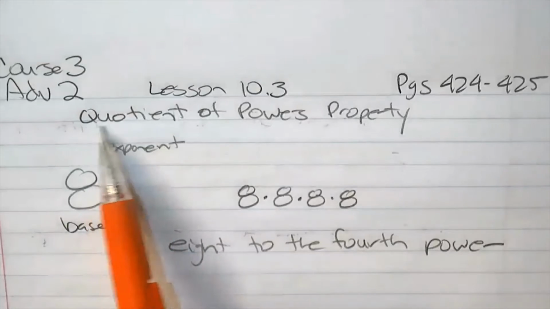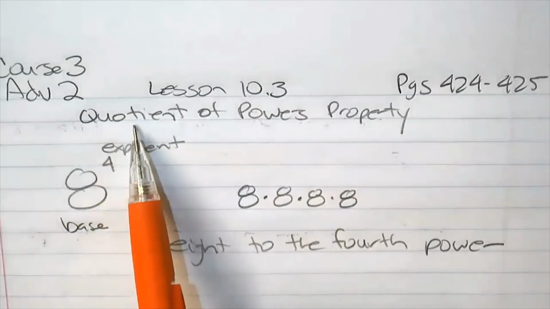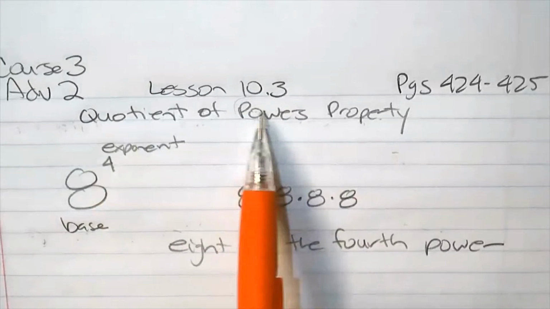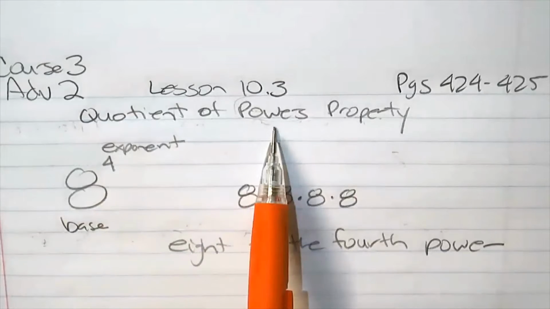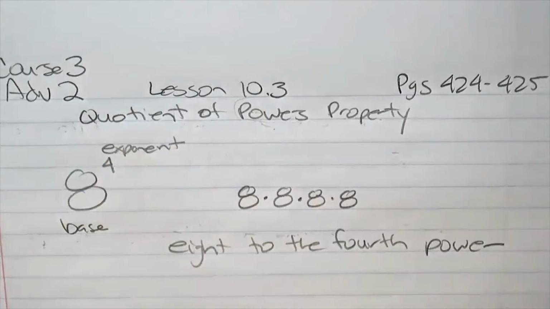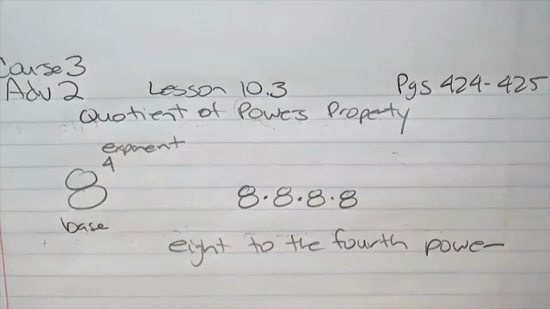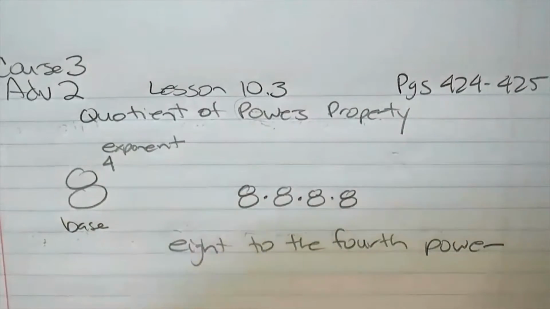So we're talking about the quotient of powers property. Quotient means division and powers means exponent. So we're talking about the division of exponents property. Let's take a look at what that means.